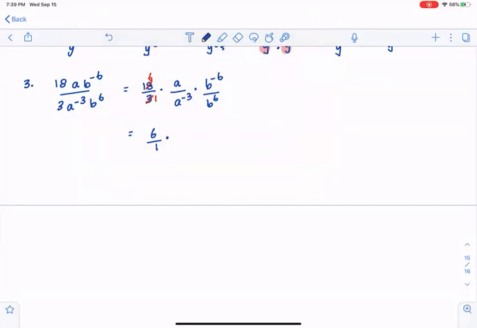Multiplied by a, we're going to move a raised to negative 3 to the numerator. So we will have a multiplied by a raised to positive 3 divided by 1. We are going to move b raised to negative 6 to the denominator. So we will have 1 divided by b raised to 6 multiplied by b raised to 6.